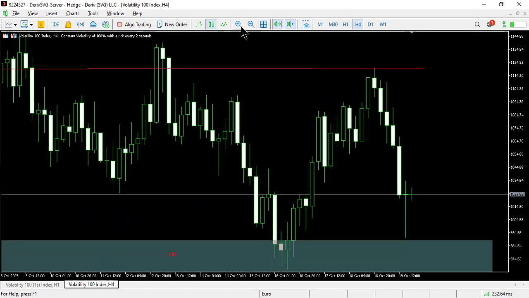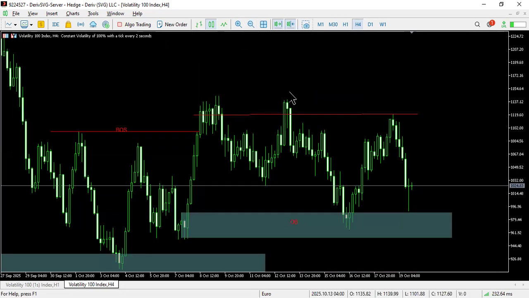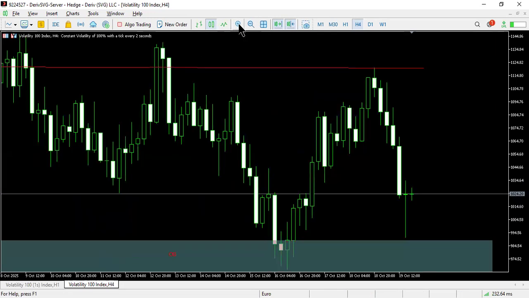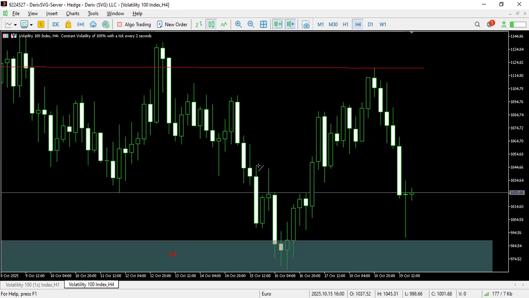Push up to the upside. But let's see. Let's continue breaking down and be able to see what the price is doing. So right here, we had the break of structure.